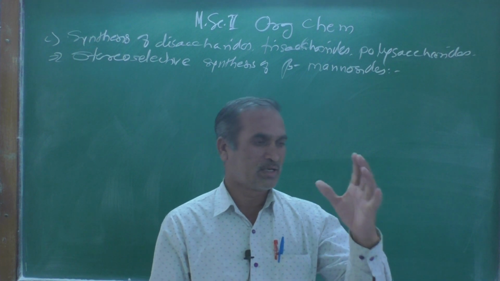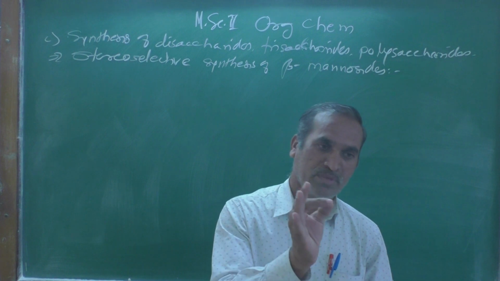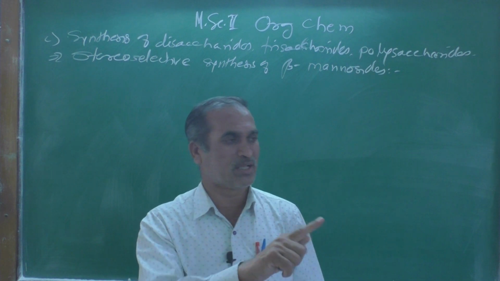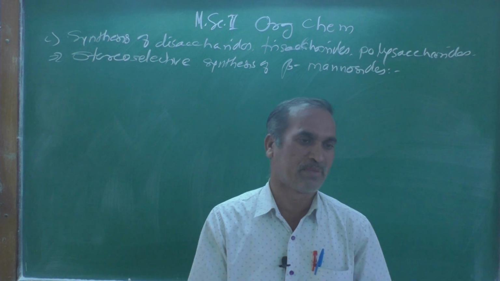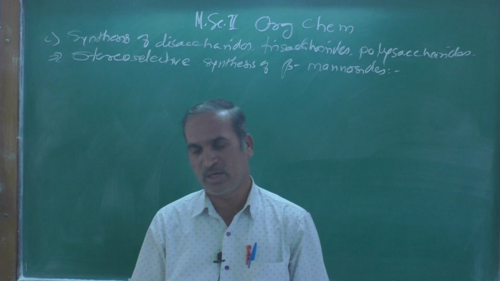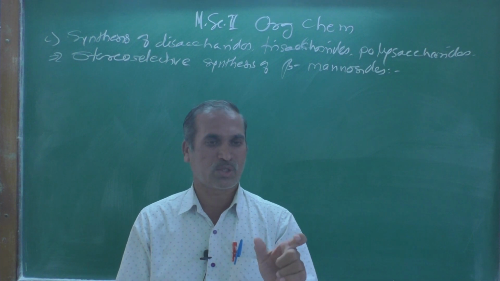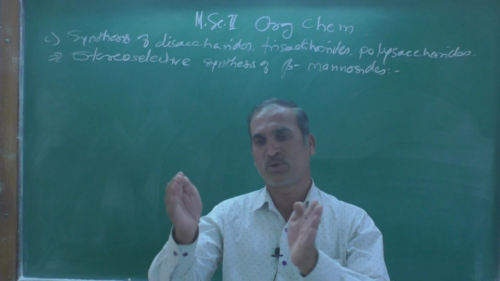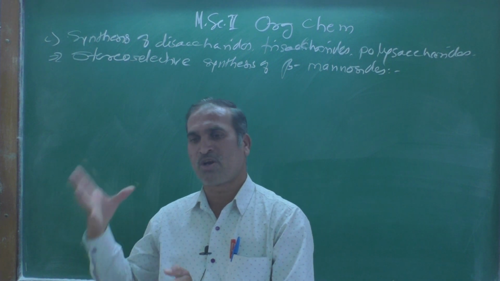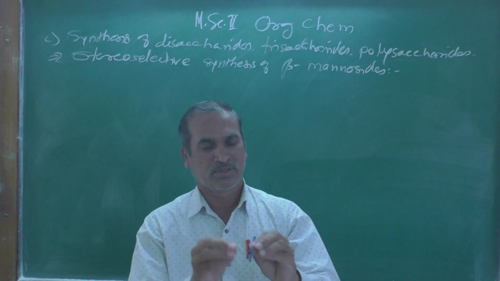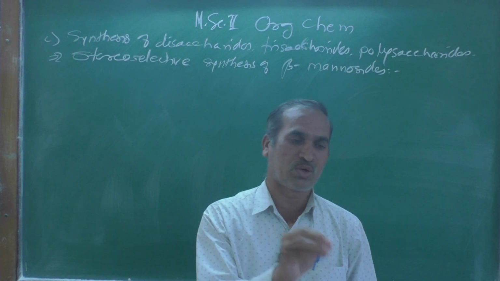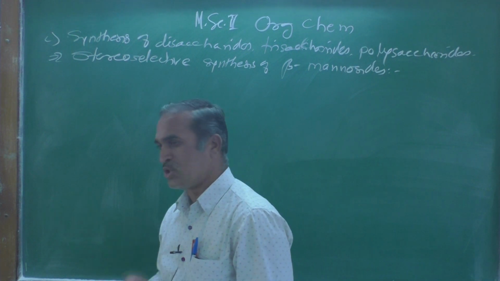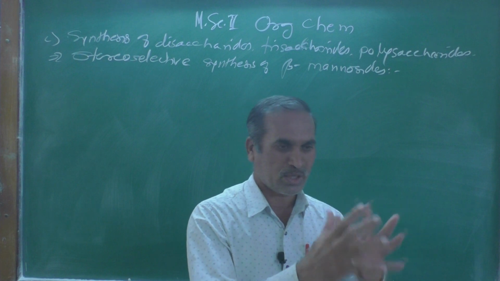Then the third example is lactose. As we know, lactose is present in milk, and it is made up of 2 sugar units, one is galactose and another one is D-glucose. When they combine together with the elimination of a water molecule, a glycosidic linkage is formed, and the resulting compound is known as lactose.